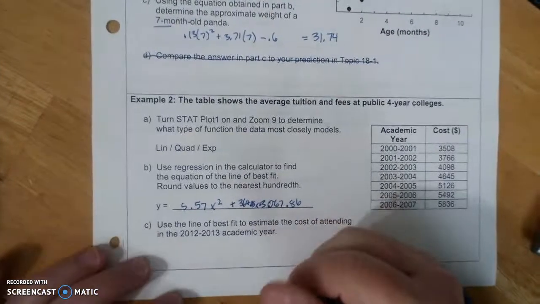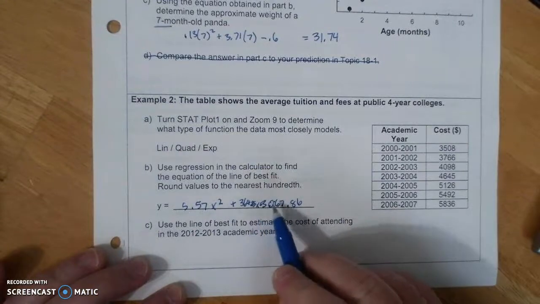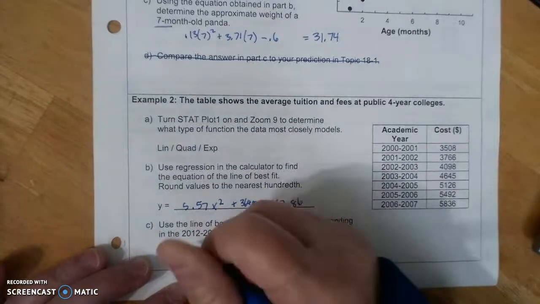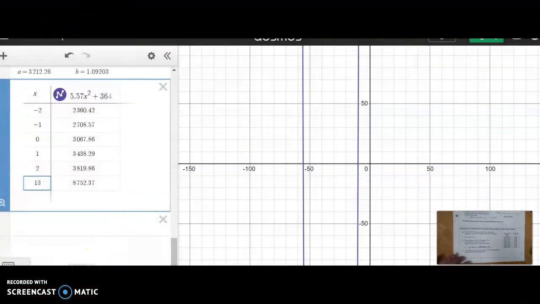So I can either plug in my 13 for each of my x's, that's very sloppy, or I can go to my table and graph trace, or I can, if I'm using Desmos, just type in 13. And so this one is 752.37.